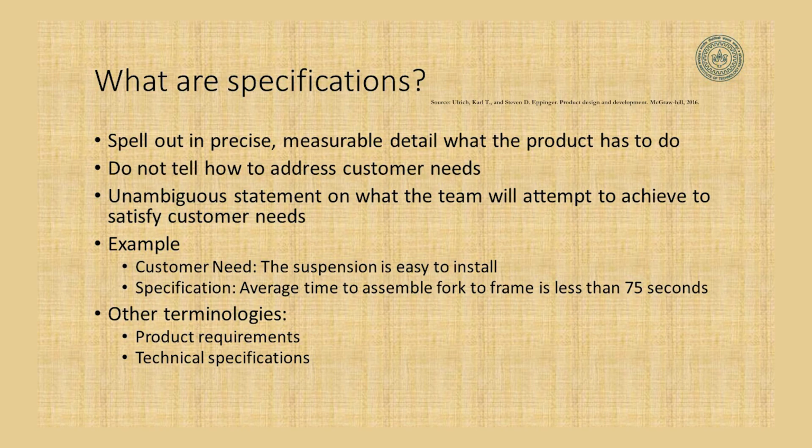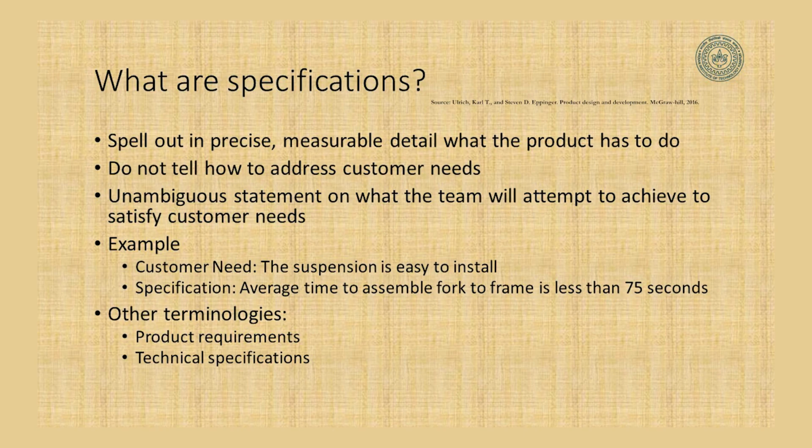So, if the time to assemble is quick, then we can say that the suspension is easy to install. So, this may be the need, but this specification is measurable and very precise. The time to assemble the fork is less than 75 seconds. Okay. So, then we know that the need has been satisfied.